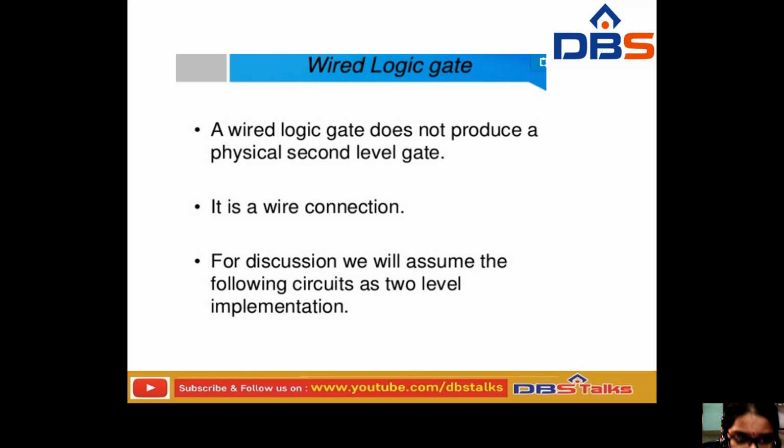See, what is a wired logic gate here? A wired logic gate does not produce a physical second-level gate. It definitely does not produce a physical second-level gate, so it is a wired connection.